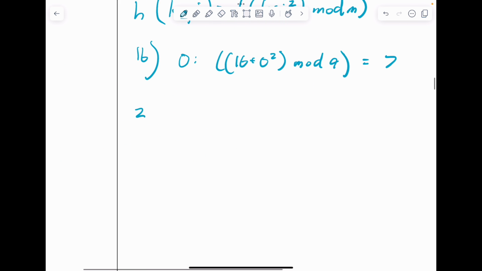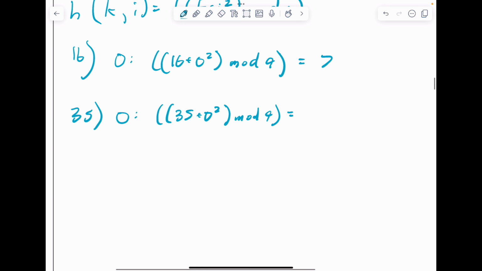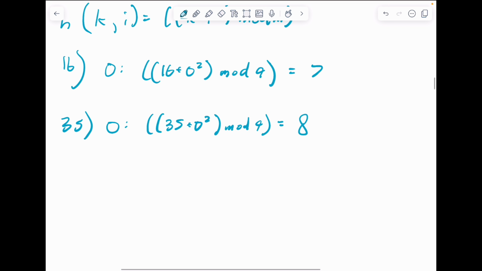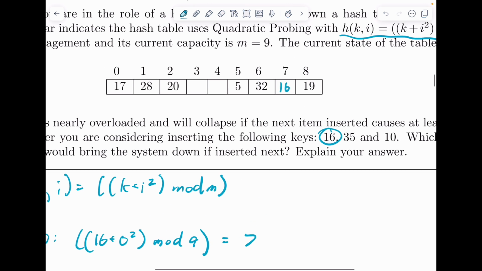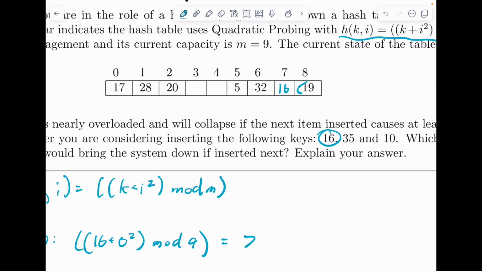35. On the 0th probe, this is going to be 35 plus 0 squared modulus 9. So 35 modulus 9, 35 minus 27 is 8. Is there an item at index 8? Yes, there is. 19 has already occupied that space.